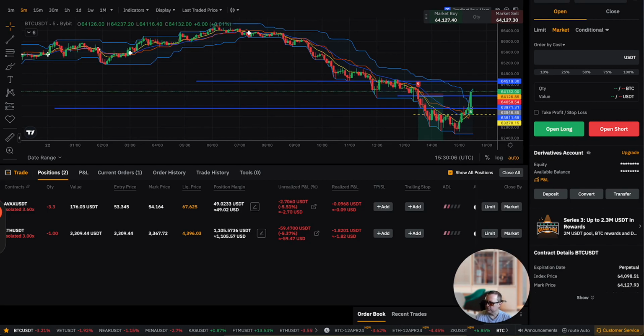Let me see, 50, no. 15 was what I was wanting to look at. Okay, so I'm trying to look for the next closest volatility cloud and see if it makes sense to turn this into a lesson on holding your trade, or see if it makes sense to turn this into a lesson on when to cut your losses.